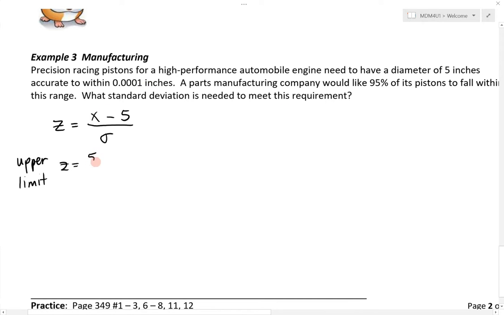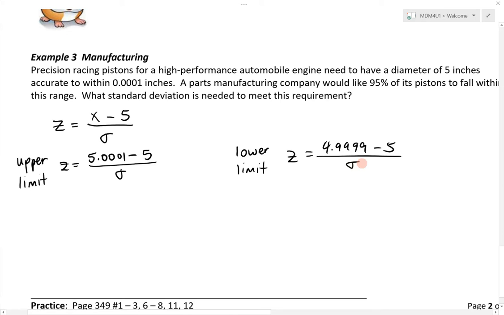So 5.0001 will be my x value minus 5, the mean value, divided by sigma. The lower limit, same idea, but subtract. So it's going to be 4.9999, or 4 nines, minus 5 divided by sigma.